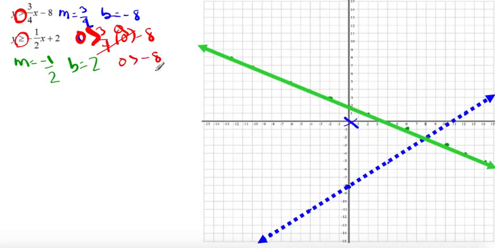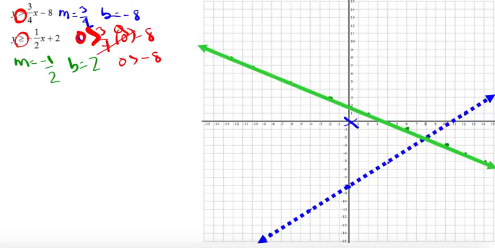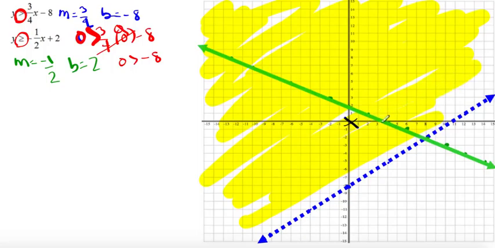So 0 is greater than -8. So I have to shade everything above the blue line. So everything above the blue line gets shaded because that 0, 0 point is on the side above the line.